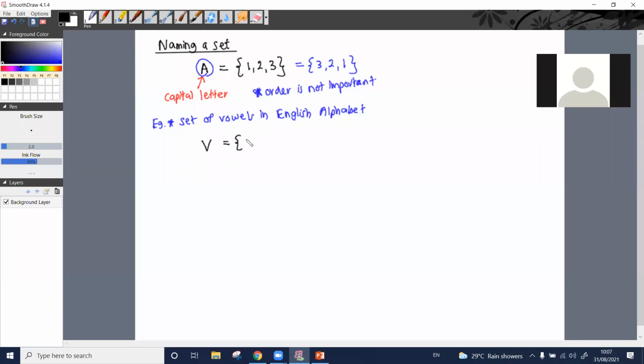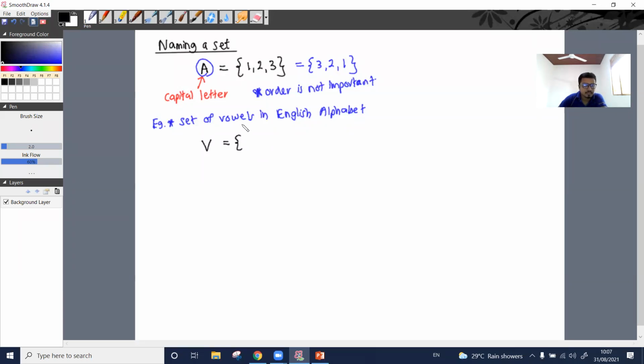Now I am supposed to write the elements. So our elements are what now? Letters A, E, I, O, and U. What is the case that I need to use here? Should it be uppercase or lowercase? Should I write these elements using simple letters or capital letters?